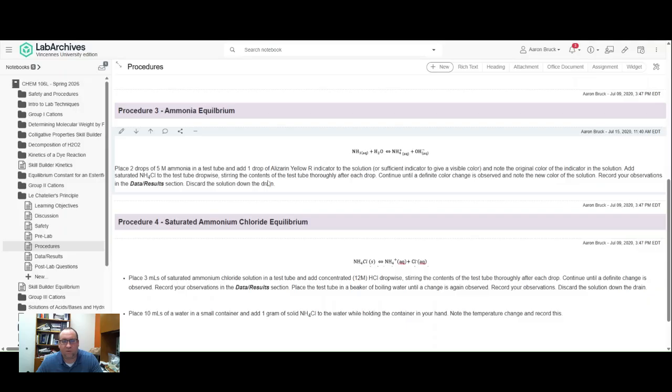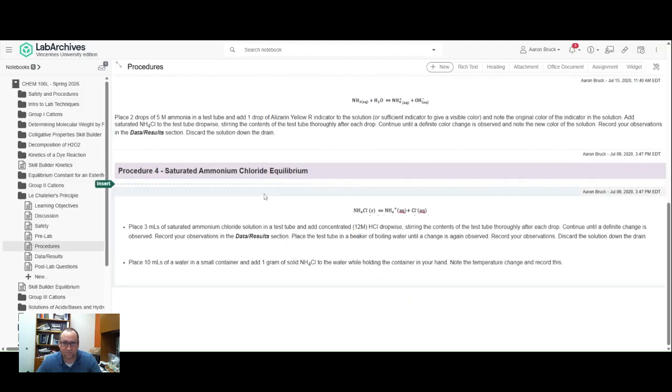And so we're going to use an indicator known as alizarin yellow R, and it is going to appear one color in the presence of ammonia, and a different color when there are higher amounts of hydroxide present. We're going to manipulate this. What happens if I add ammonium chloride? Which way is it going to go? How's that going to impact the position of the equilibrium?